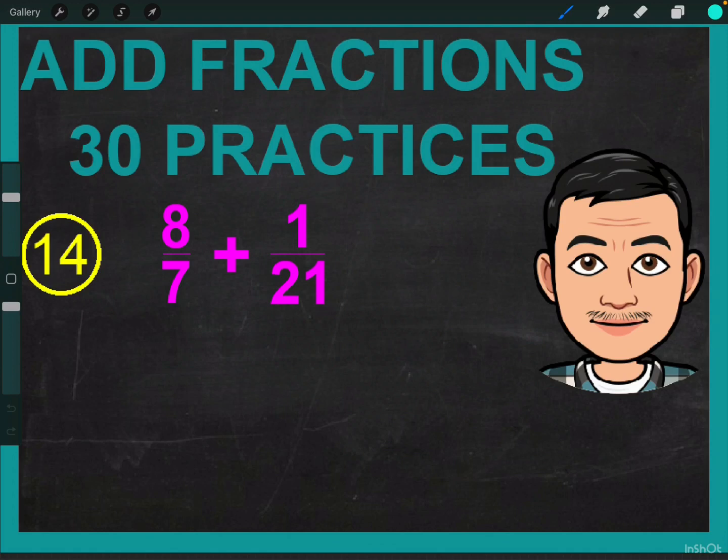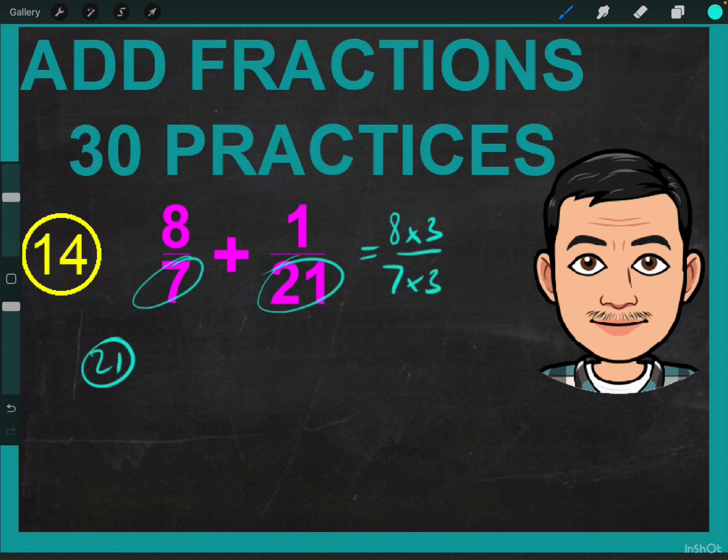Practice number 14. We have two fractions again with different denominators, 7 and 21. So we will go ahead and find the LCM for 7 and 21. 21 is the LCM. So we will convert the first fraction, 8 times 3 over 7 times 3, and the second fraction we just keep the same.